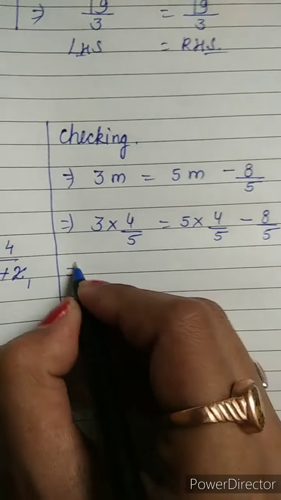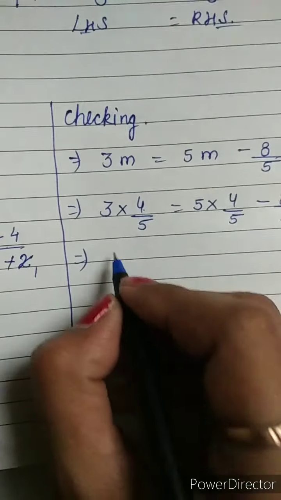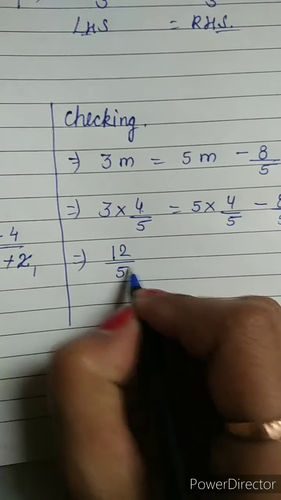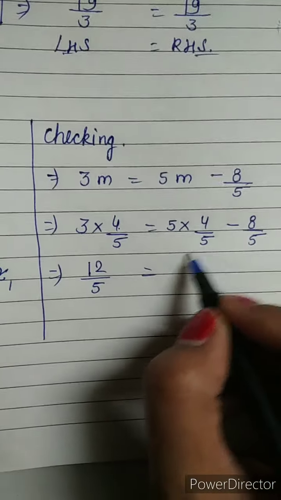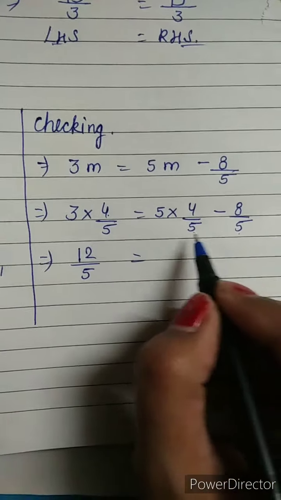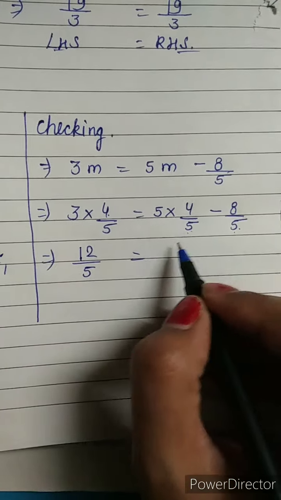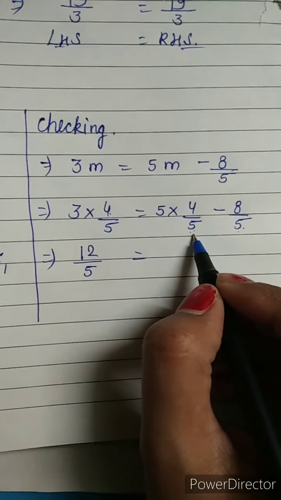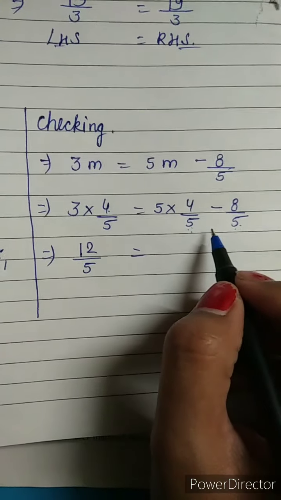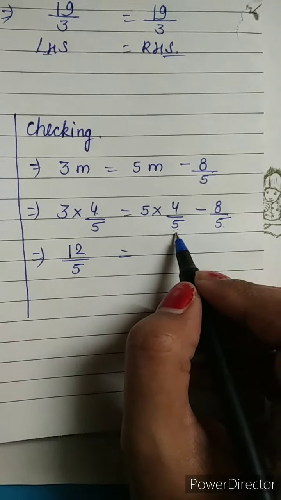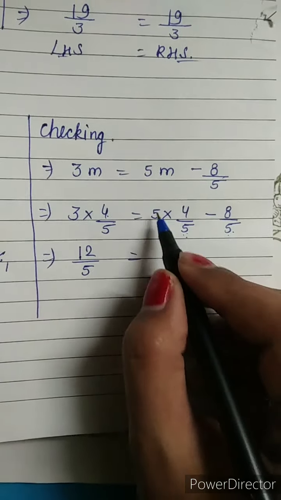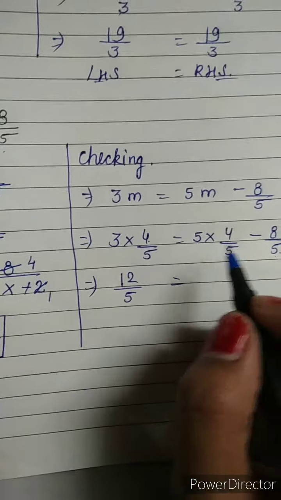Now here 3 4s are 12 by 5. I am not cutting this 5 with 5 because both places have the same denominator. If I cut it, here we have 1, so again we have to do cross multiplication, that's why I am not cutting it. You will just check how I did not cut it.